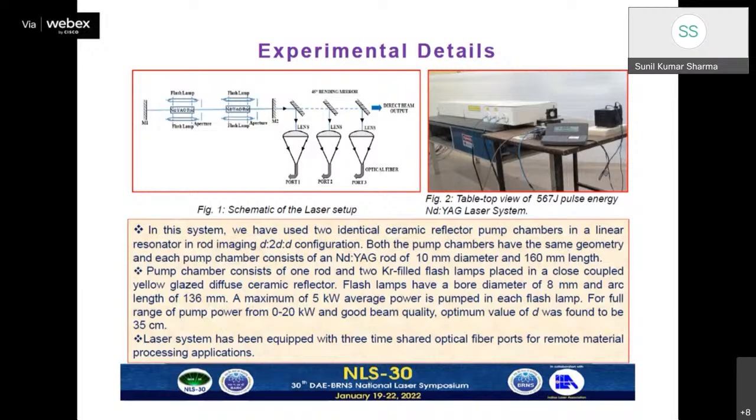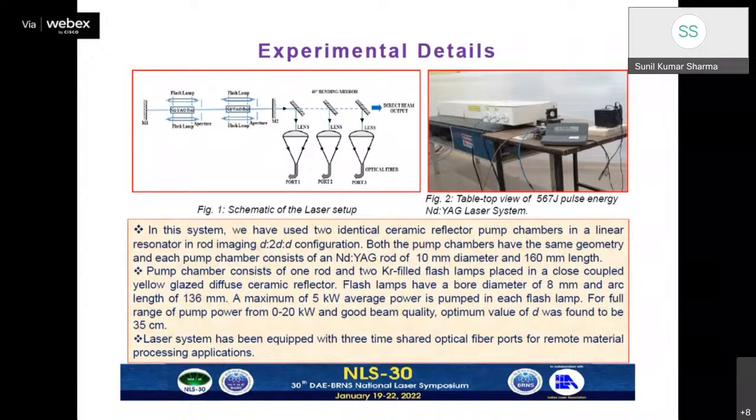The system contains an Nd:YAG rod of 8 mm diameter and 160 mm length, having 1.1 atom% doping. The krypton filled flash lamps have 5 kilowatt average power in each.